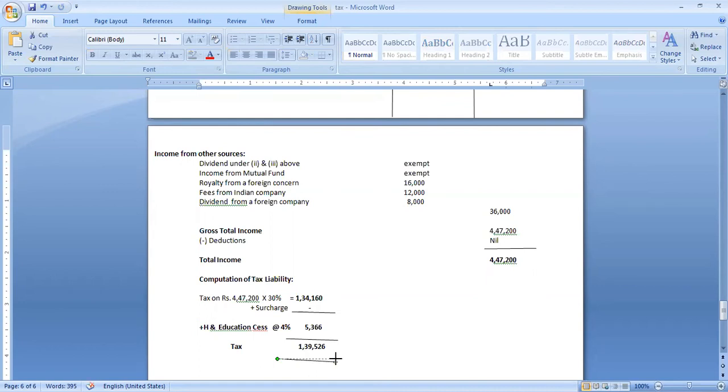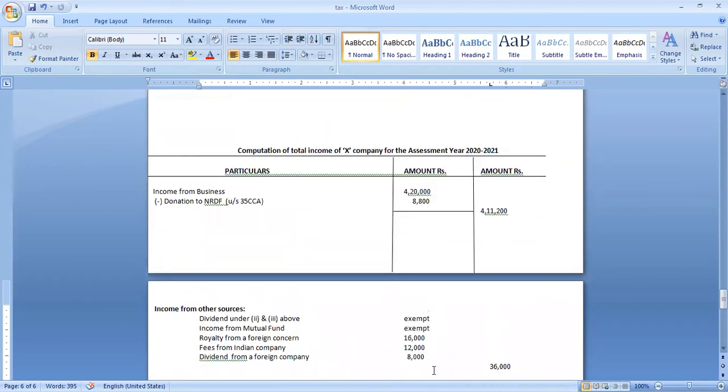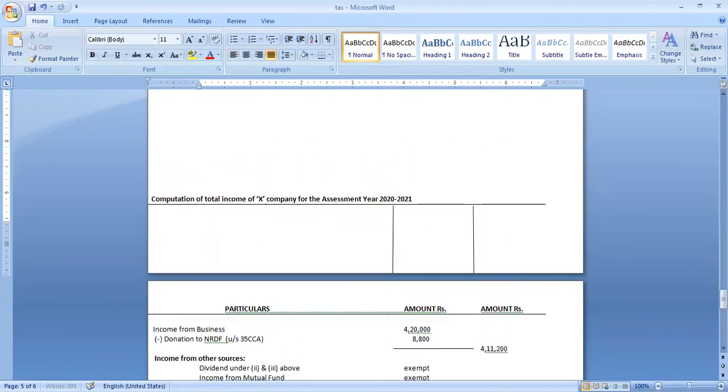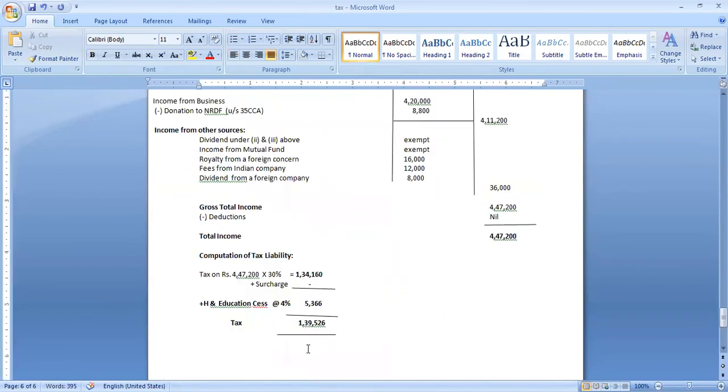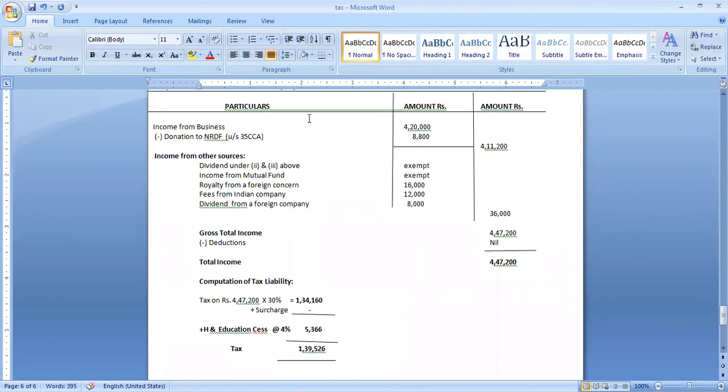Now, with reference to a corporate assessee, another twist is there in the problem. What is that twist? I will explain. Whatever we have done is just income from business. If specific kinds of donations are there, we deduct them like I have shown.